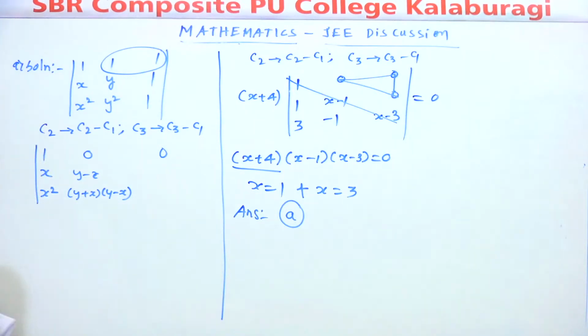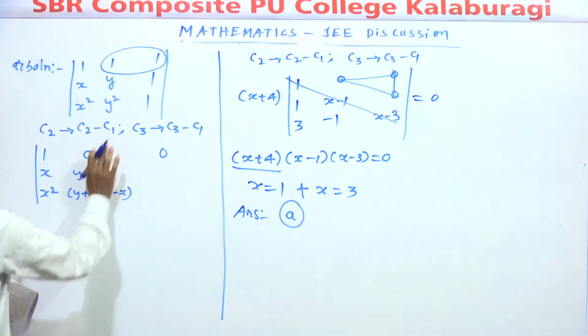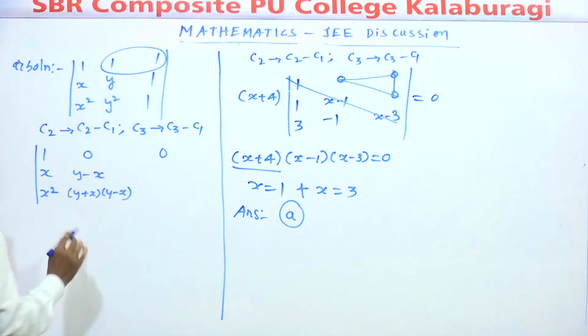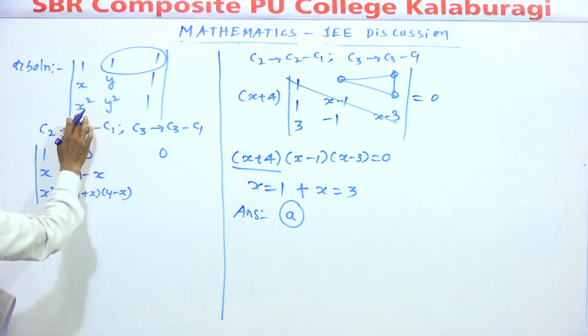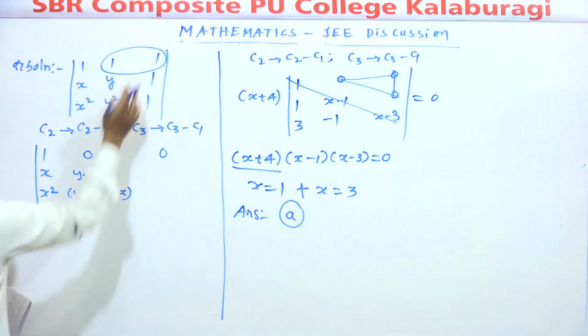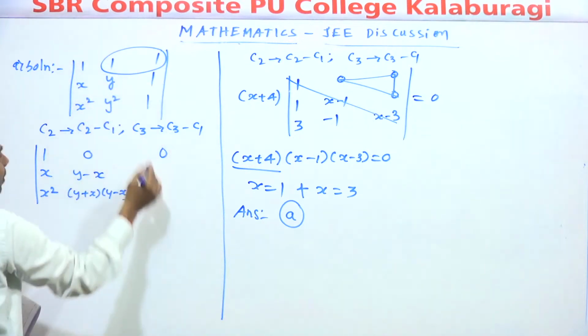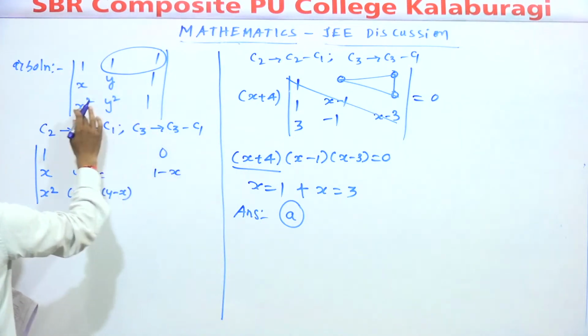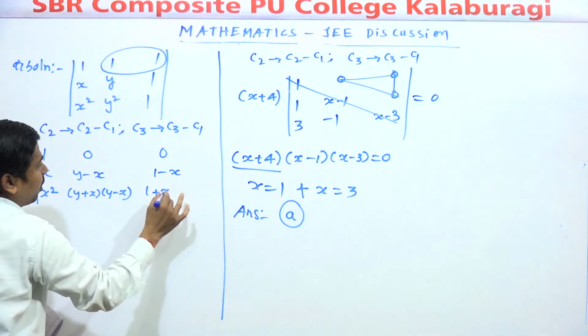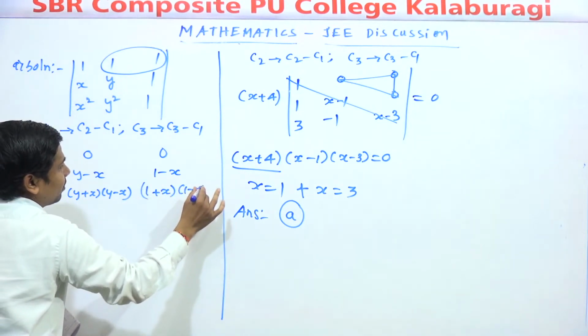Y minus x, y square minus x square is y plus x into y minus x. 1 minus 1 is 0. 1 minus x, and this 1 minus x square we can write as 1 plus x into 1 minus x.